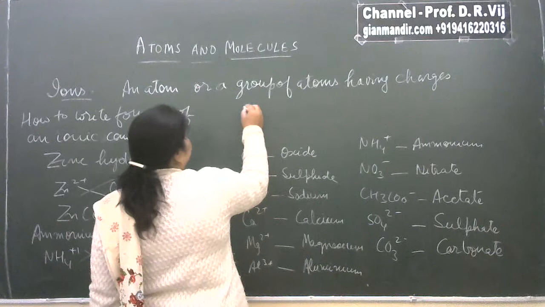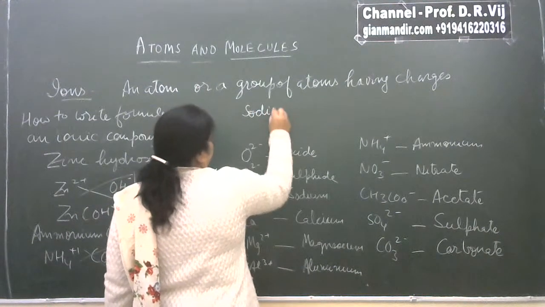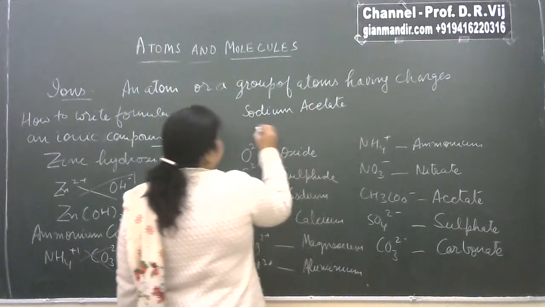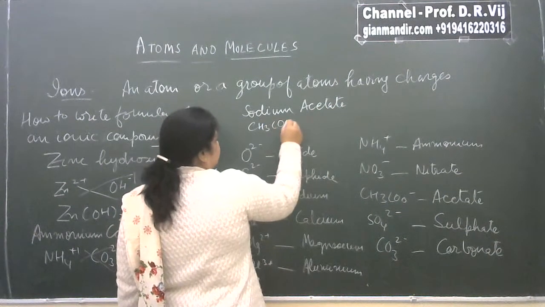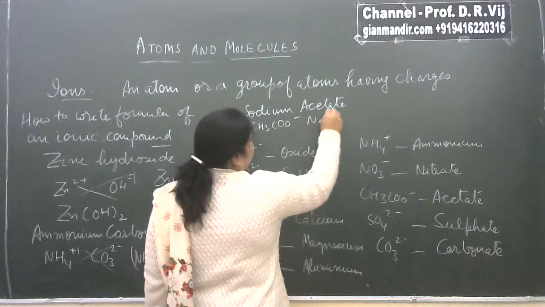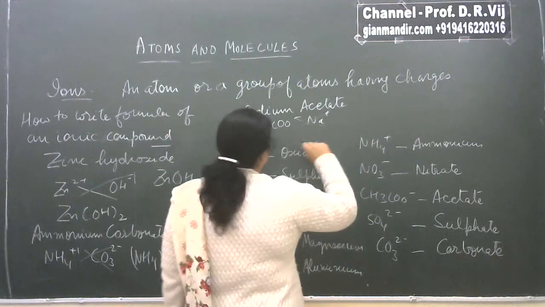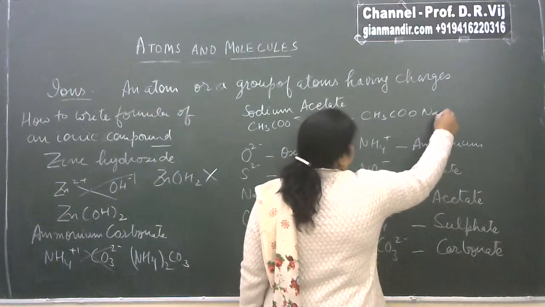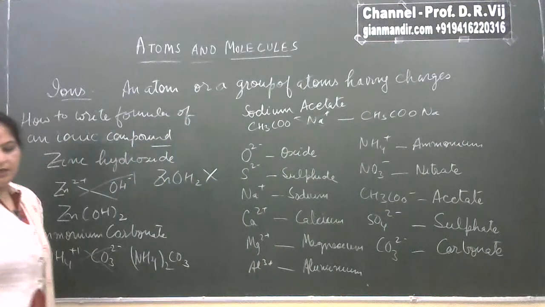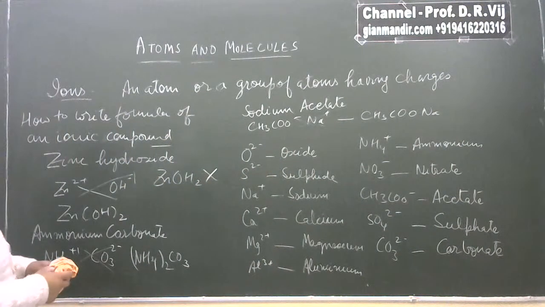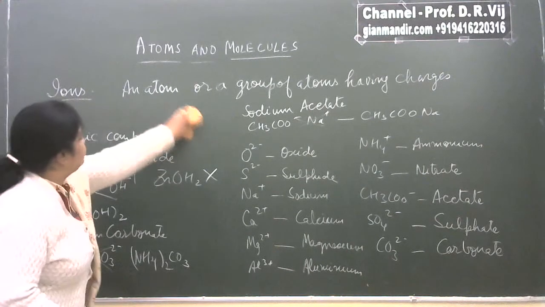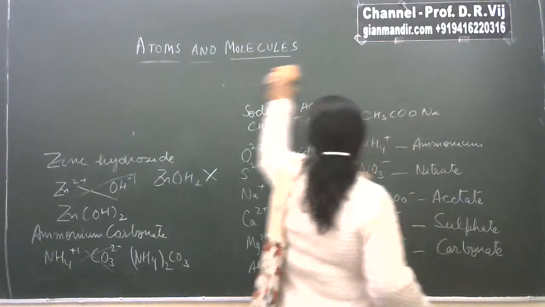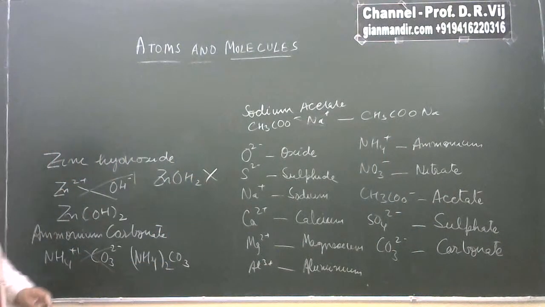For example, in the case of sodium acetate, acetate should be written first, followed by sodium, and by cross multiplying you get CH3COONa. And if cations and anions have equal charges, then after cross multiplying these are taken as common, and their numbers are not written.